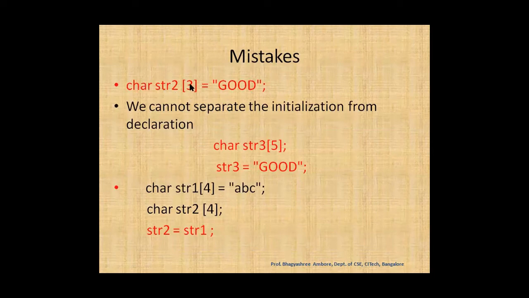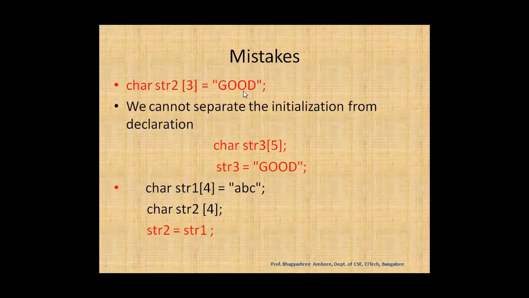We have space for 3 characters, but you have given 4 characters, so it is not a valid declaration. If you do the declaration like this, 0, 1, 2, 3, that means 4 characters, then you have to mention 5 here. Remember one thing: whenever you are doing an assignment, count the number of characters plus 1, and that must be the size.